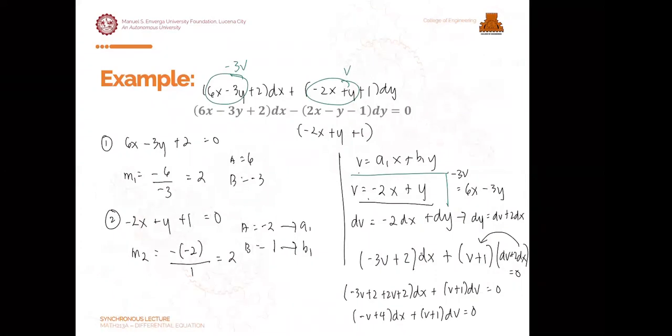Sinubstitute natin dito sa first term, ito yon. Kasi yung plus 1 is yung plus 1 niya dito. Then ito is yung 6x minus 3y is just times negative 3 nung v natin. So dito sinubstitute yon. Plus 2, ito yung plus 2. Then pinag-combine yung lahat ng may dx. Then simplify, may nakakuha tayo ng separable equation.